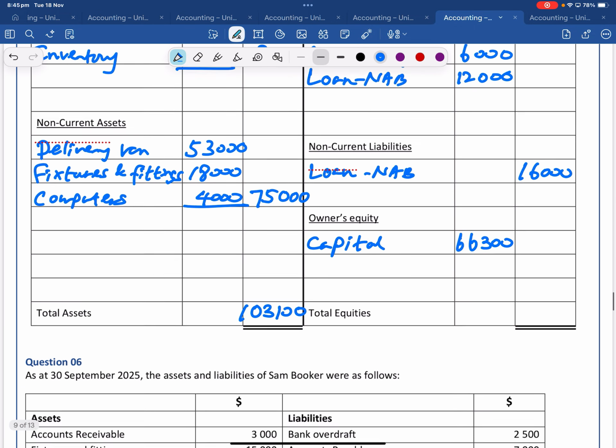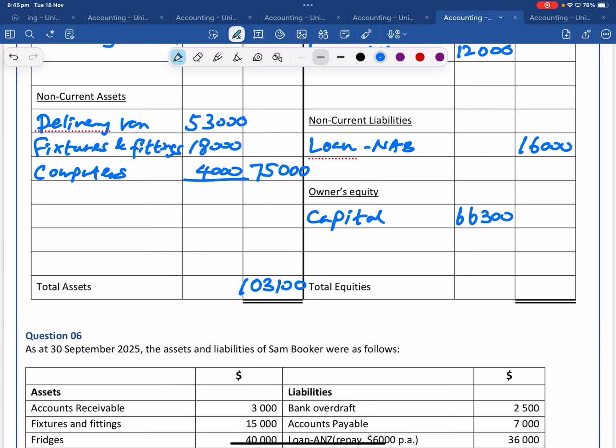After that, we have plus capital contribution. How much? 4,000. And then minus drawings. How much was drawings, guys? 1,500. I don't put brackets for the 1,500. Okay. Then I'm getting 68,800.